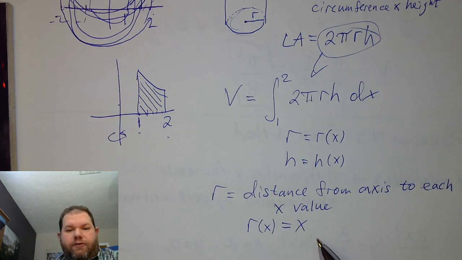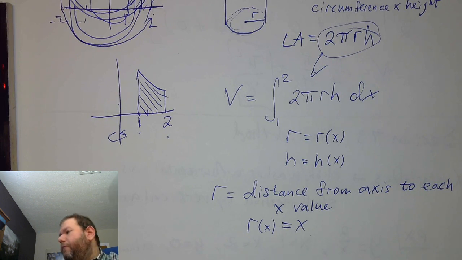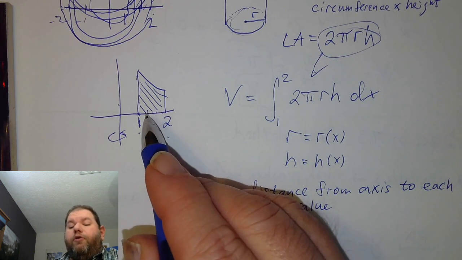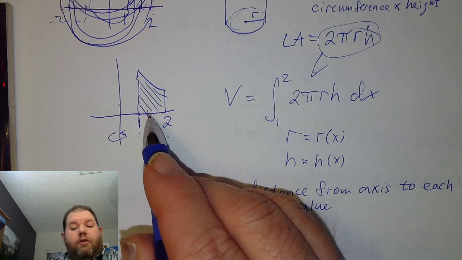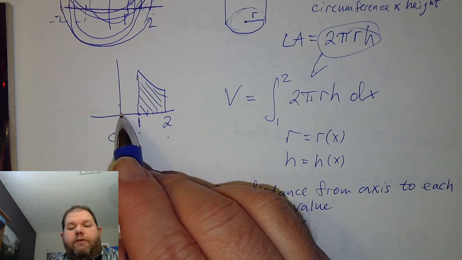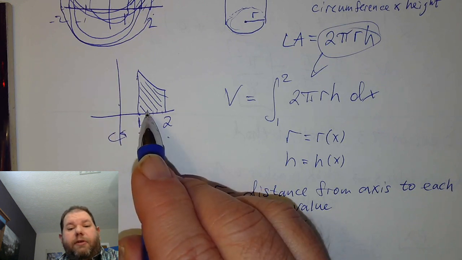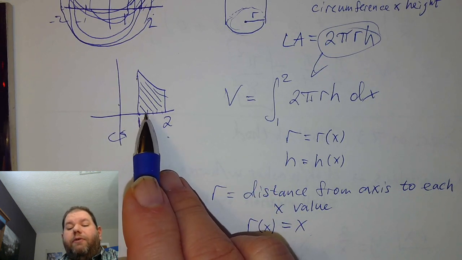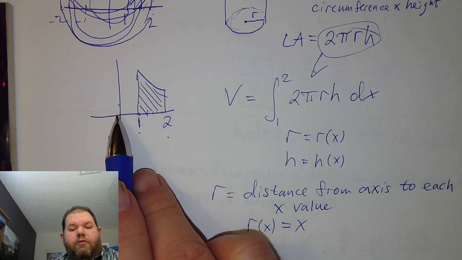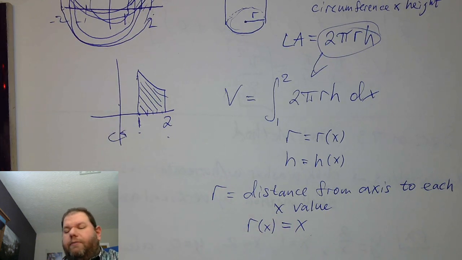Our r of x is just x. If we're at an x value of 1.25, then we're 1.25 units away from the axis of revolution. That'll be the radius. So each x value is actually its radius to the axis.